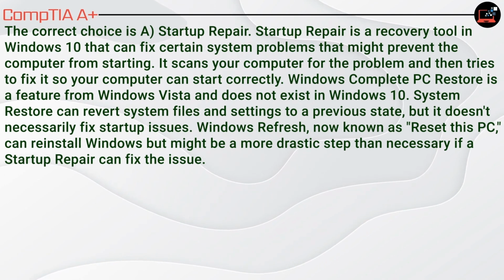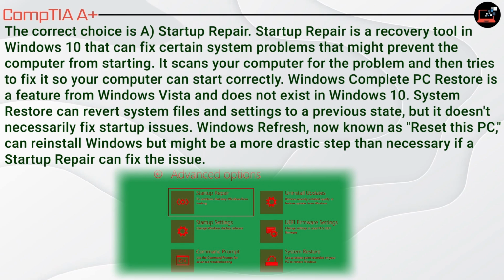The correct choice is A, Startup Repair. Startup Repair is a recovery tool in Windows 10 that can fix certain system problems that might prevent the computer from starting. It scans your computer for the problem and then tries to fix it so your computer can start correctly. Windows Complete PC Restore is a feature from Windows Vista and does not exist in Windows 10.